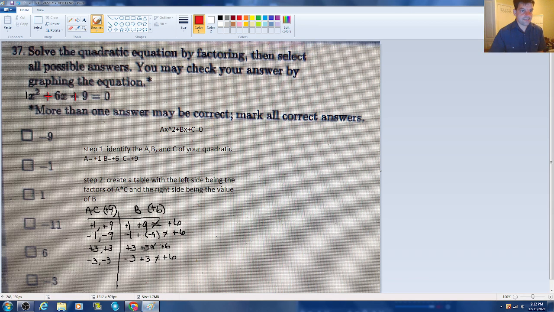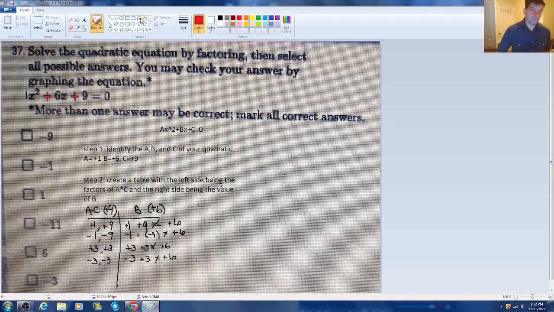So we looked at the constant term, or the c, and we saw that in order to get c, we had to multiply either two positive or two negative numbers, but we also have a summation of a linear term that is positive. So that must conclude that both of our factors are positive.